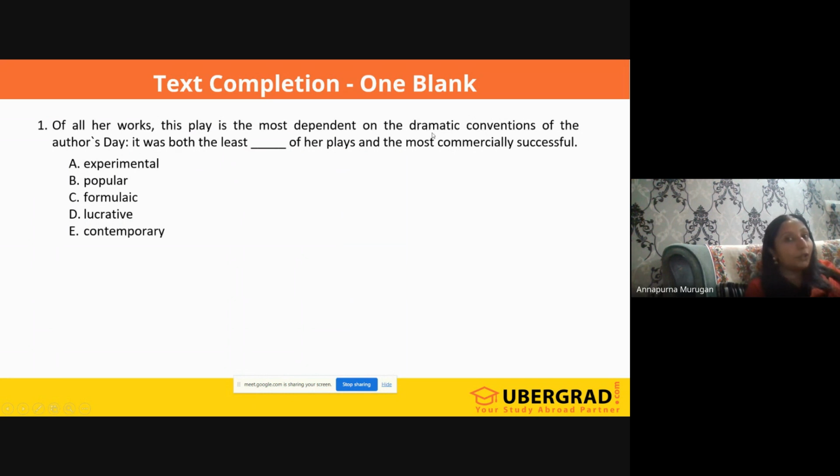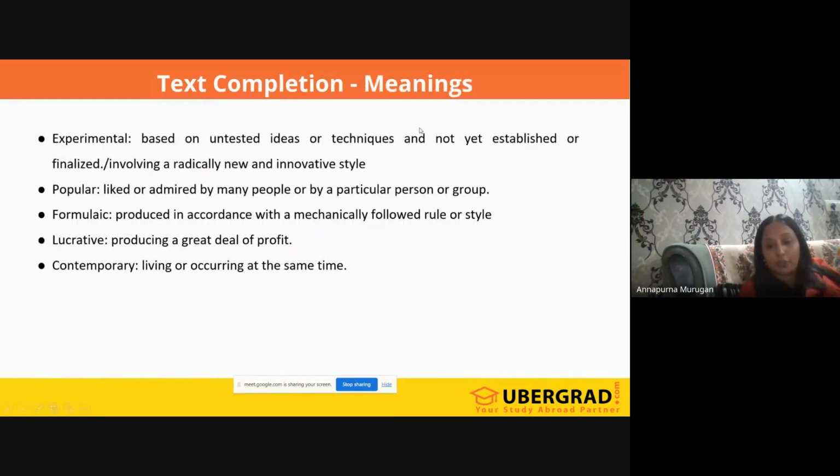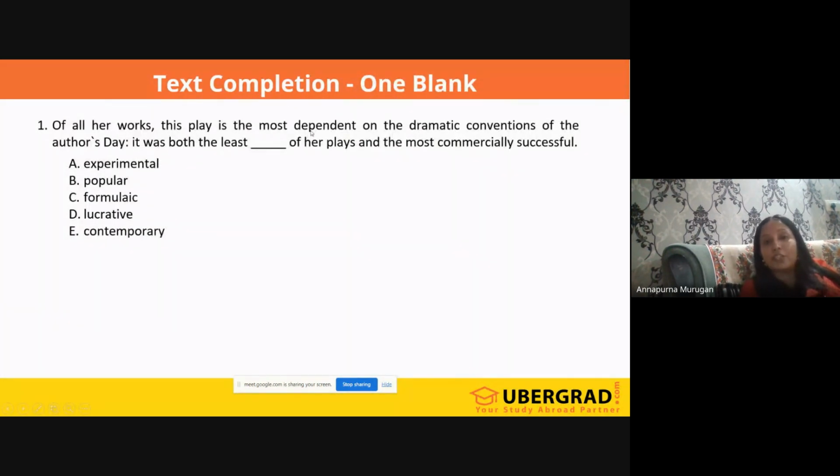Now I am giving you a hint. Dramatic conventions, you might not know the meaning. What you can do is just overlook that: it is most dependent on the author's day. That means whatever play they are talking about is dependent on the author's day.